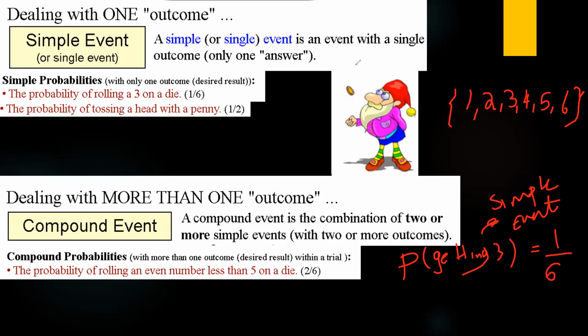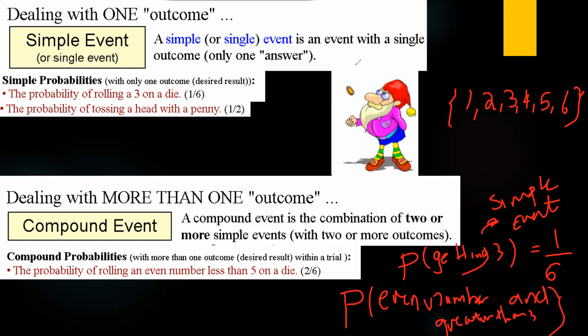But if I am asking you what is the probability of rolling an even number and greater than 3? Think about it. Even number and greater than 3. How many numbers are even? We have 3: 2, 4, 6.